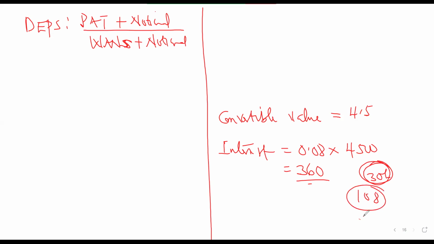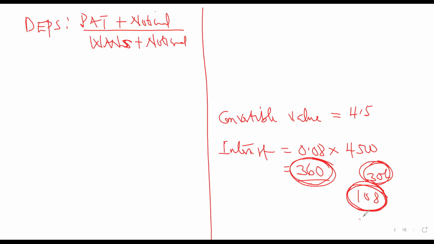If these people convert the instrument into equity shares, we are not going to pay them the interest again, so we are going to be saving interest of 360, but we are going to be losing a tax benefit of 108. So what is the net benefit?